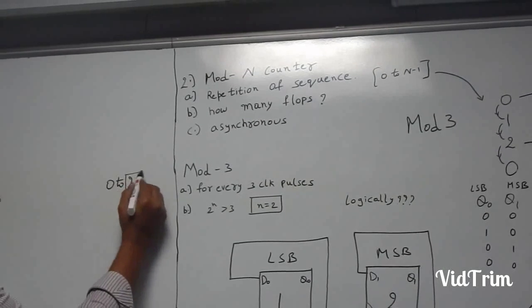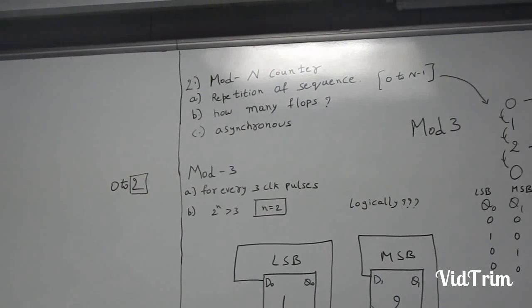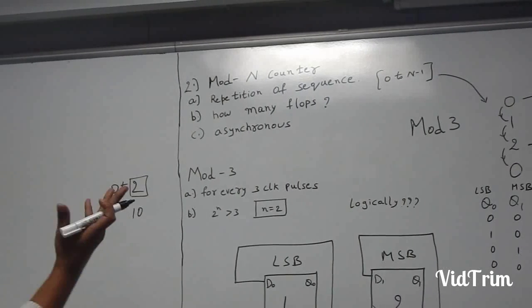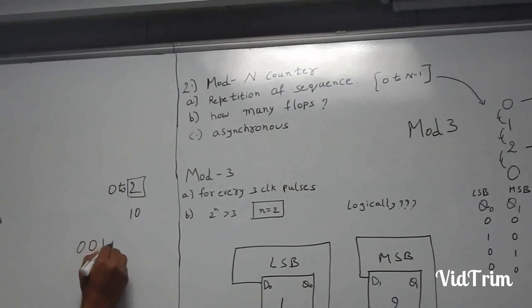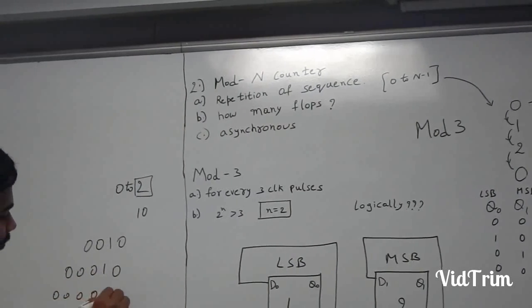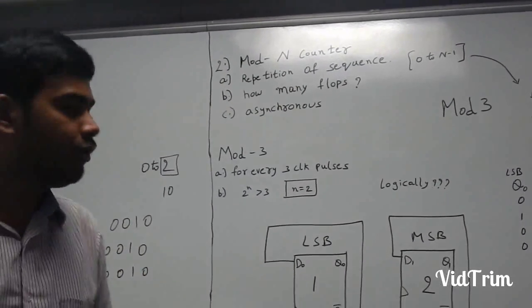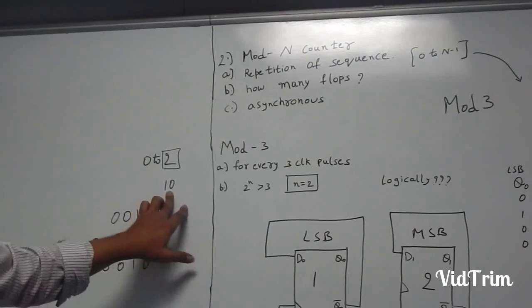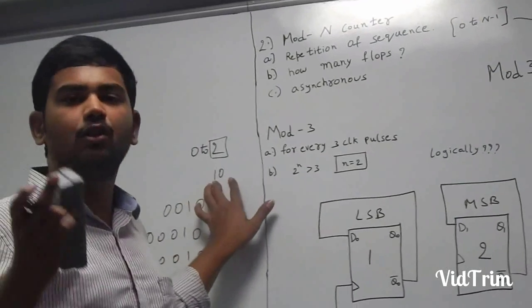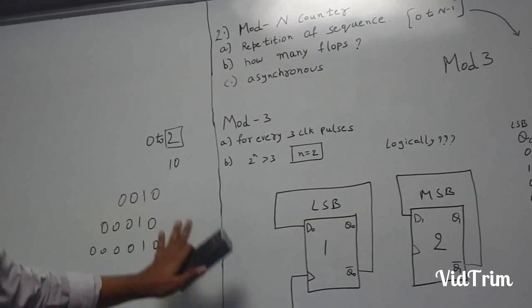To represent 2, how many minimum bits are required? Obviously 1 0, it's 2. You can also represent it with more bits, but the minimum number of bits is 2. Each bit needs one flop, so 2 bits, 2 flops are required. Logically you can get this.